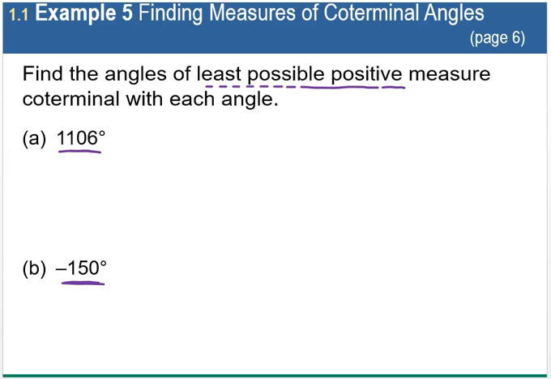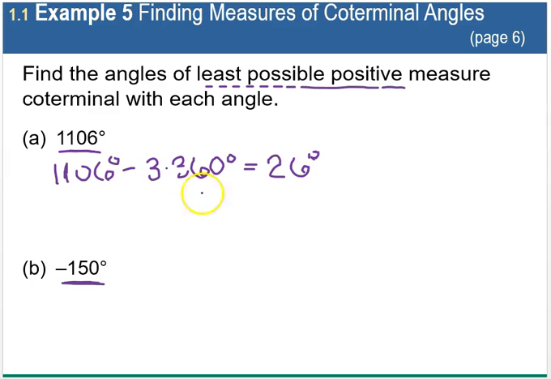Take the angle measurement given, subtract 3 times 360, and we end up getting the measurement of 26 degrees.